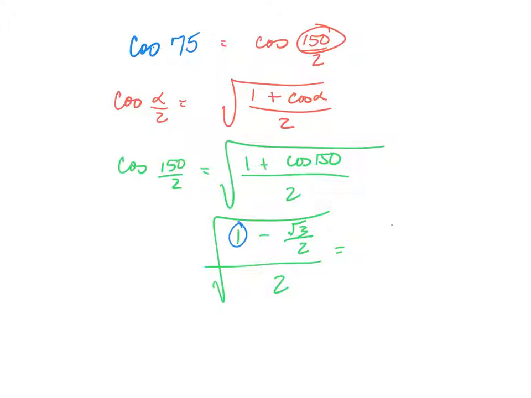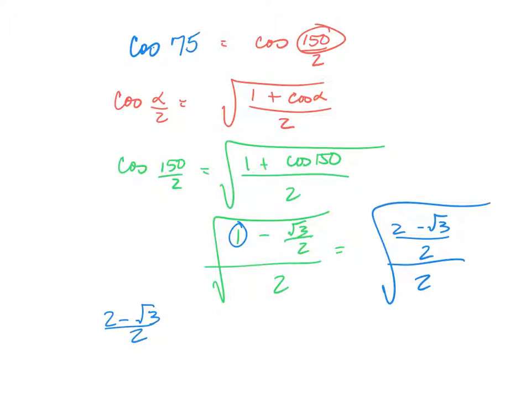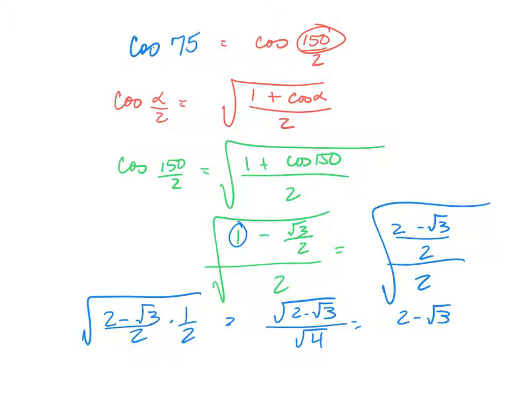That turns into 2 minus root 3 over 2, all over 2, all under the hood. Follow me? Which is 2 minus root 3 over 2 times 1/2, all under the hood, which is the square root of 2 minus root 3 over square root of 4, which is 2 minus root 3 over 2 under the hood. And that's your answer.